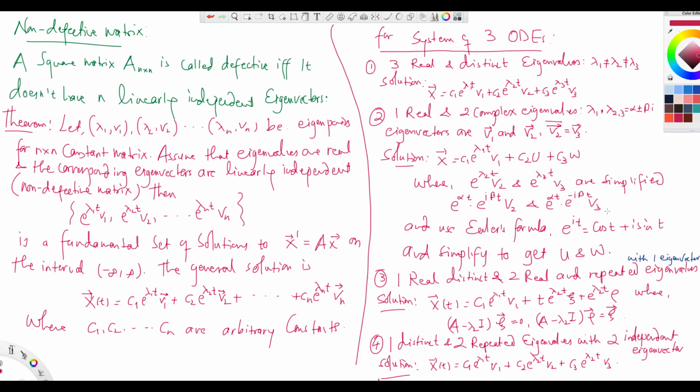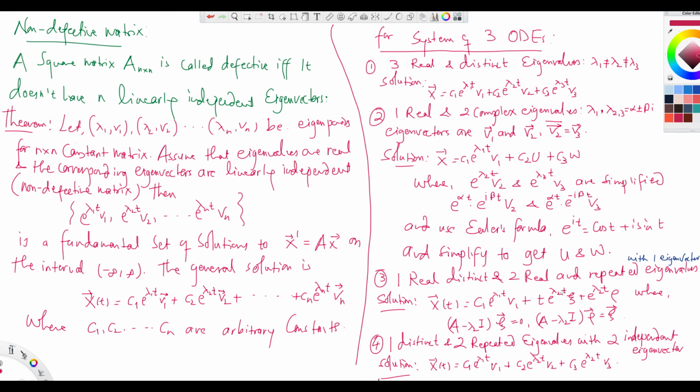The third case is 1 real and distinct eigenvalue and 2 real and repeated eigenvalues, because there are three differential equations. In that case, if the 2 repeated eigenvalues have only one eigenvector, then the solution will look like this: c1 e to the lambda 1t v1 plus c2 e to the lambda 2t xi plus c3 times t e to the lambda 2t xi plus e to the lambda 2t rho, where (A minus lambda 2 I) xi equals 0.